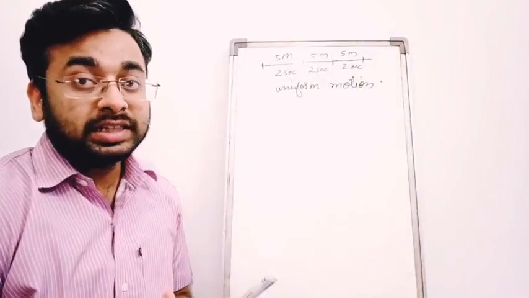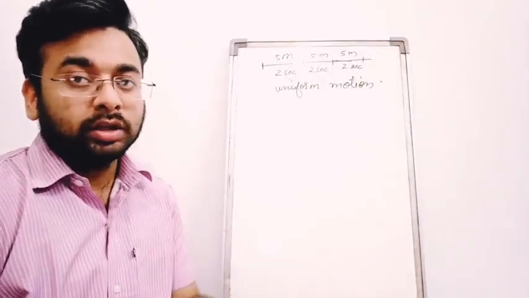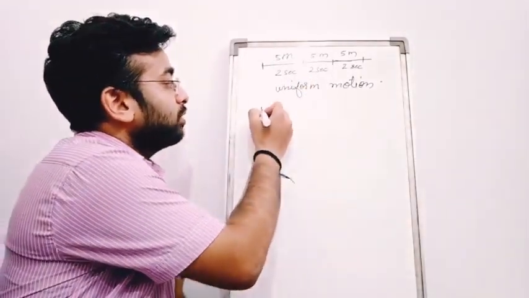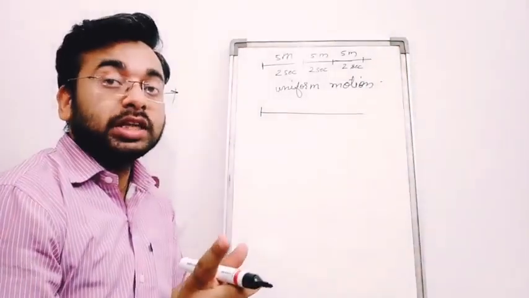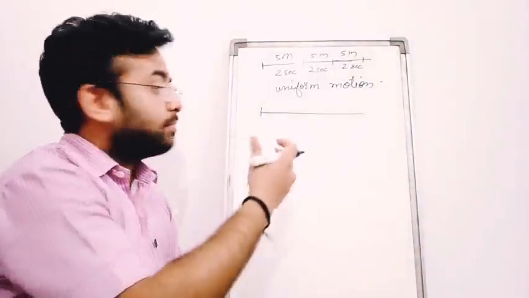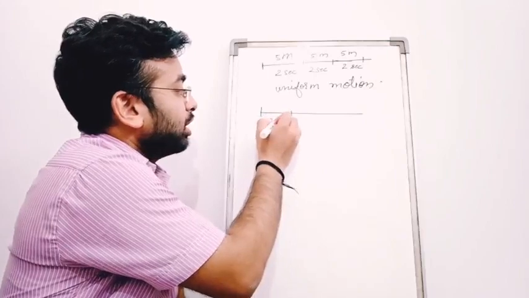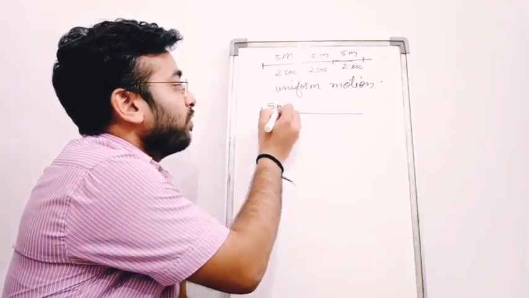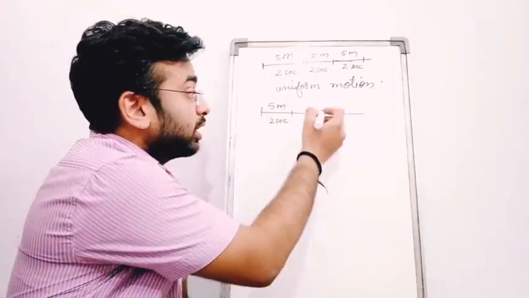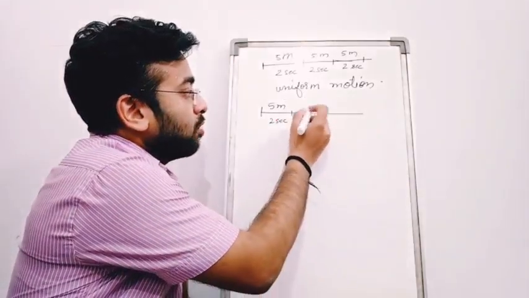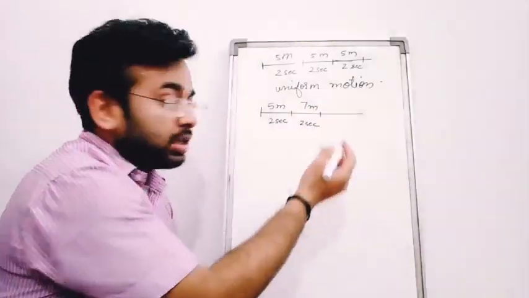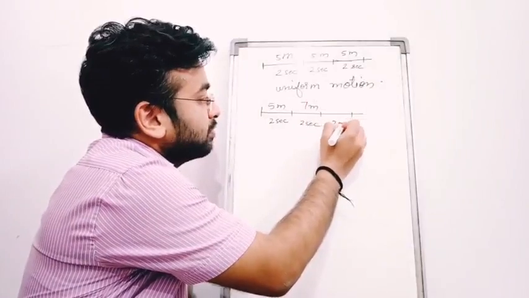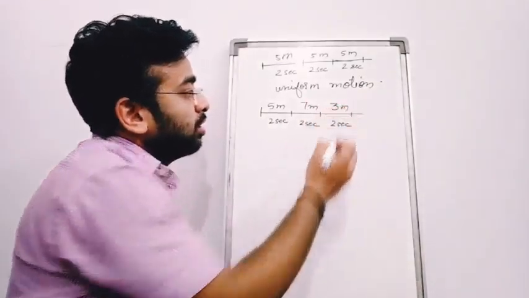Now next is non-uniform motion. This means when an object covers unequal distance in equal interval of time. For example, let's say in first 2 seconds the object has covered 5 meters, in the next 2 seconds the object has covered 7 meters, and in the further next 2 seconds the object has covered 3 meters.